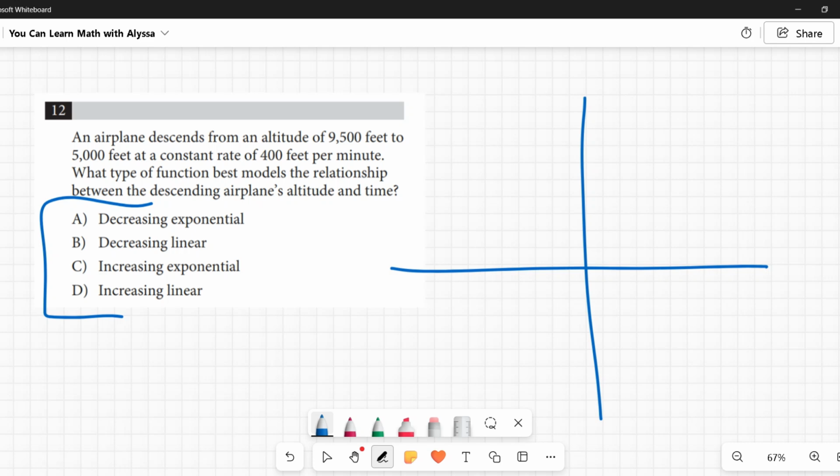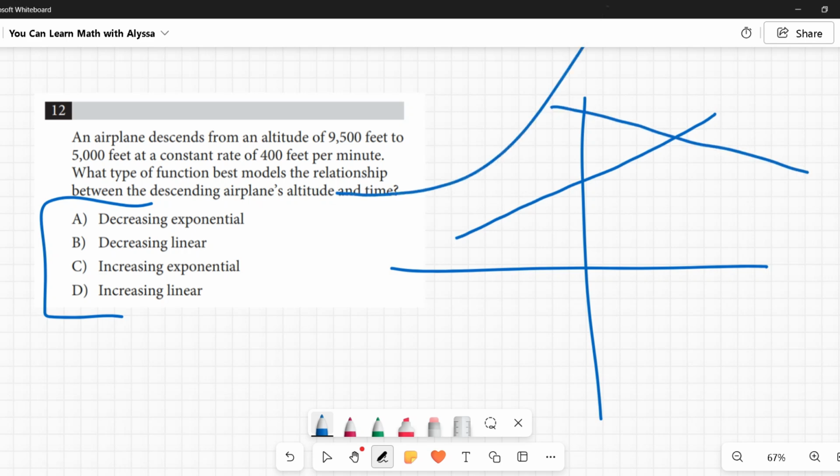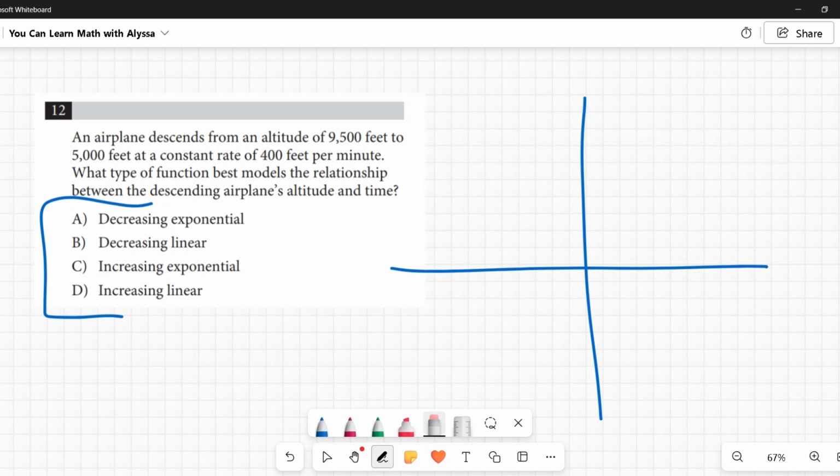While that is true, it does not mean that all interest is exponential or that the graph of that interest would be exponential. You have to look at whether it is a constant rate of increase or decrease, or something that's accelerating and getting faster or decelerating and getting way slower. So we can look at the graph, the equation, or the words that are used in here.